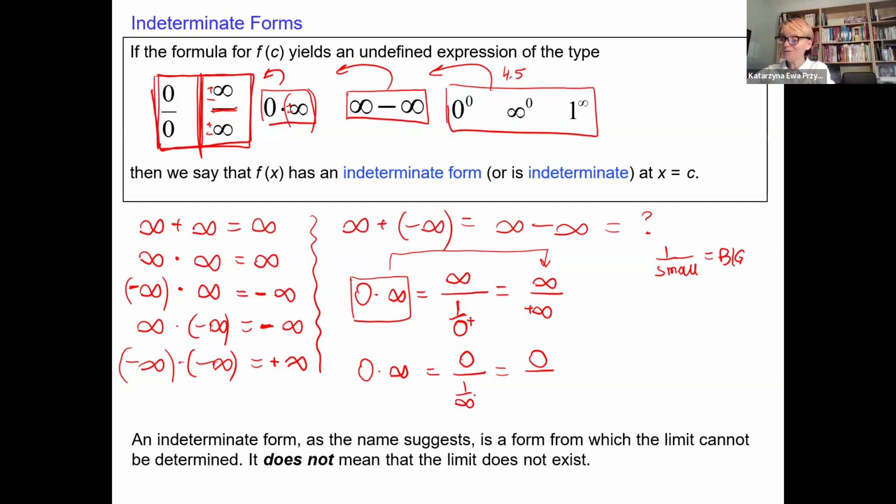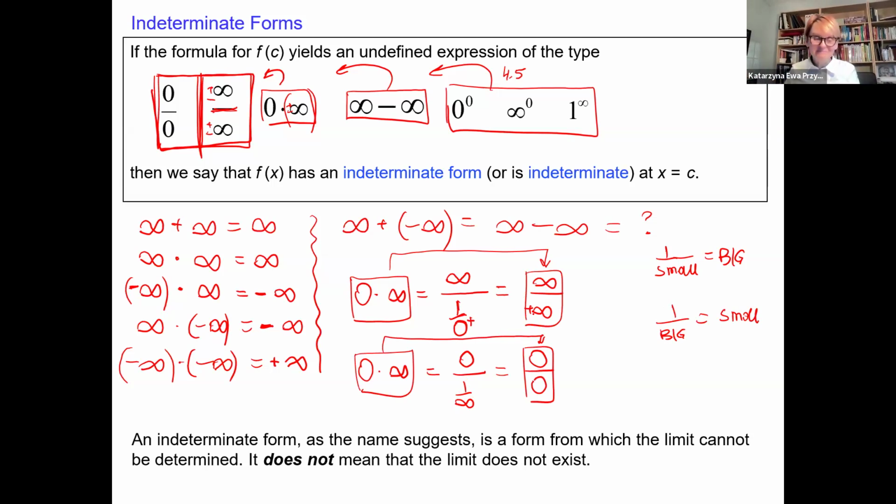And what is 1 over big number? Do we know what is 1 over big number? Of course, it's small. Really informal. That means small is 0. And the same, we managed to rewrite that product in terms of the quotient. This is one of the ways. Just the arithmetic. Okay, but 7 indeterminate forms.